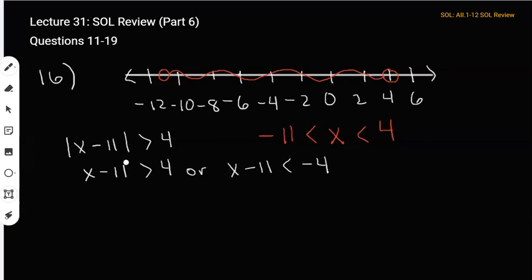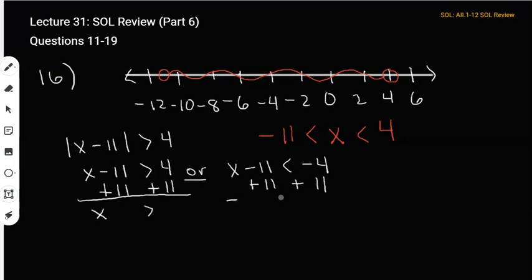So when you break up the absolute value, what you'll notice is you get these two equations or inequalities, right? If you use a greater than, that means you're going to have an or in the middle. So if I add 11 to both sides, you'll get 4 plus 11 is what? 15.